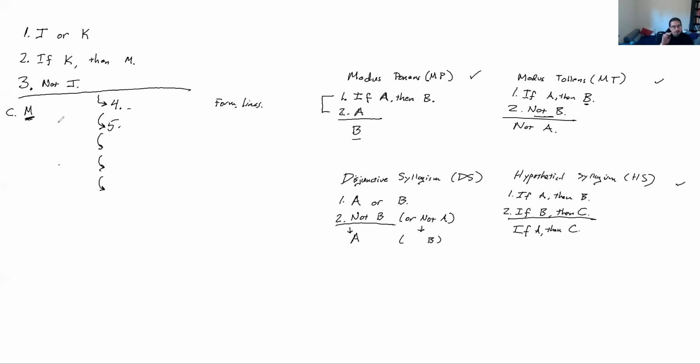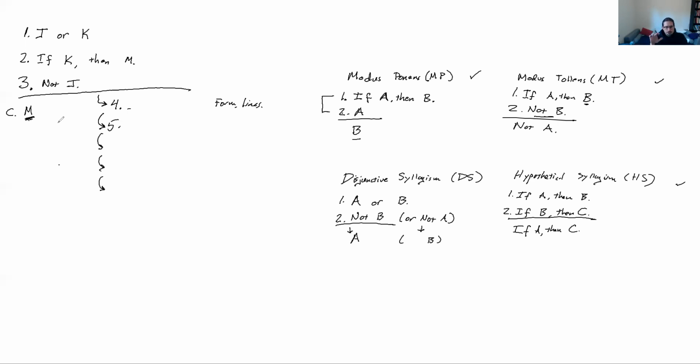This is the puzzle. So the easiest question to ask is, which 2 forms do you think are going to be required? See if you can take those pieces that I've just given you and fill out lines 4 and 5 to get M on a line by itself. All right, here's the pause. Pause the video.